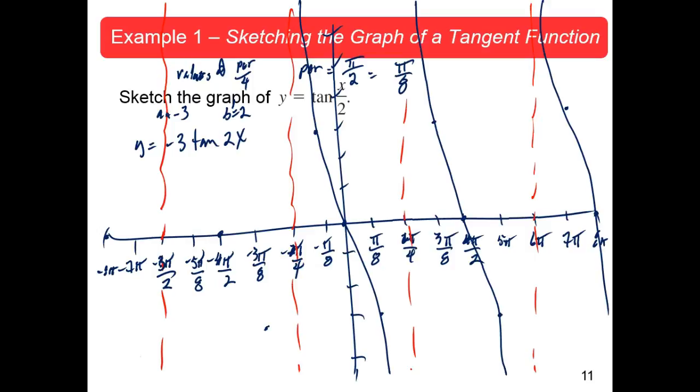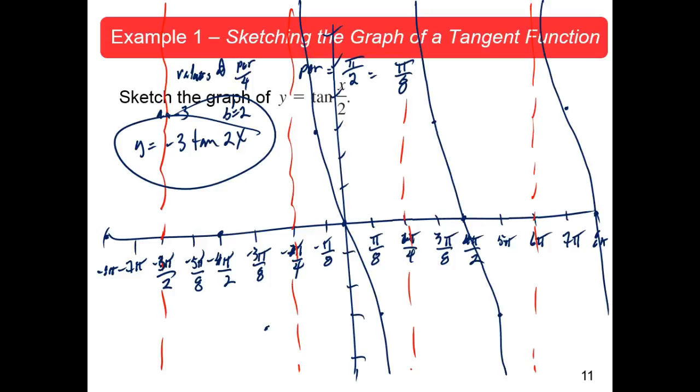I messed up the period because I put the wrong coefficient in there. What was the problem that you wrote for this? This was negative 3 tangent 2x. That's the one that's in the book. The one I was doing was negative 3 tangent x over 4.